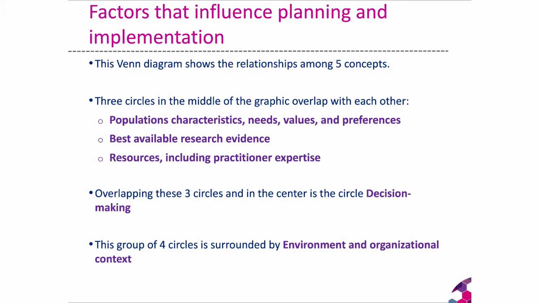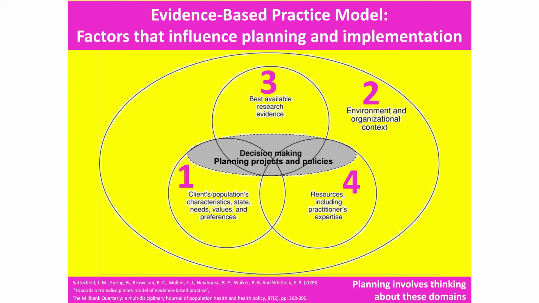So let's just go back and look at that again. So you can see there the one, three and four factors: client population characteristics, state, needs, values and preferences, best available research evidence and resources including practitioner expertise overlap between each other and through all three of them.